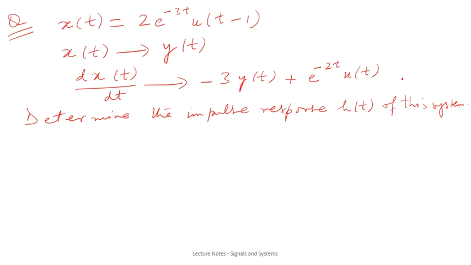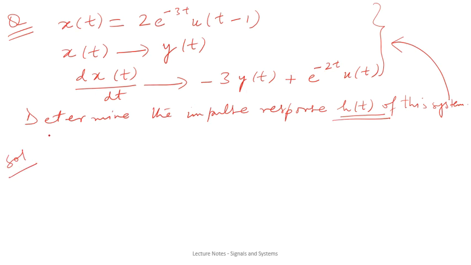Okay, so the system for which these conditions are shown to you, that is, this is the system, input output relationship is given, and for this particular input, that is dx(t)/dt, the output is this. So for this system you have to determine the impulse response.